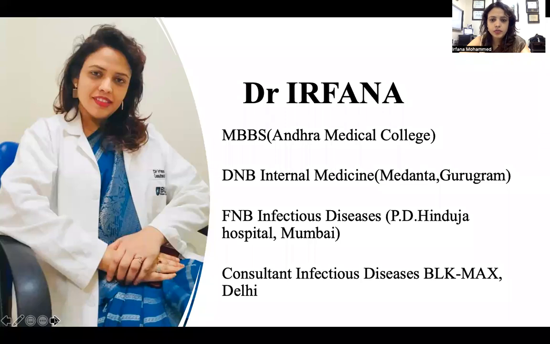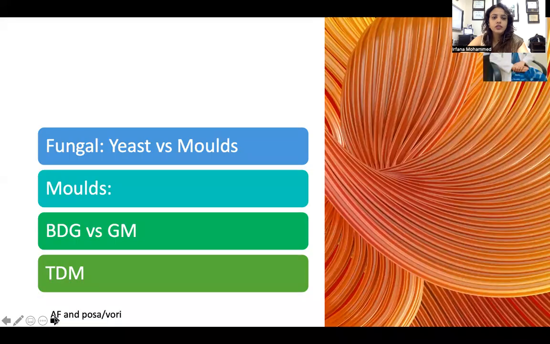So this is my profile, and we'll be discussing today an introduction to fungal infection, which we see in routine day-to-day practice, the basics of fungal infection. Fungal infections can be divided into yeast infections and mold infections.